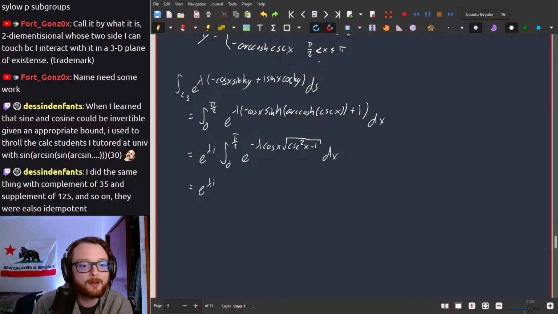The maximum value of the integrand comes when x is around pi over 2. So we want to split this integral up into an integral from 0 to pi over 2 minus epsilon, I guess.